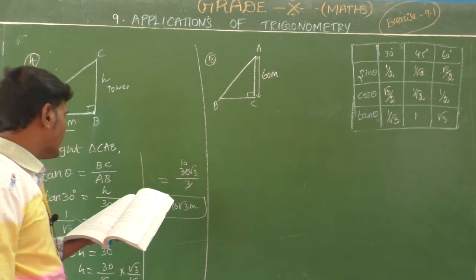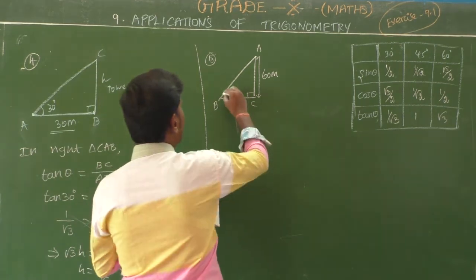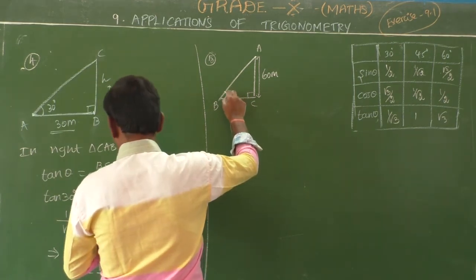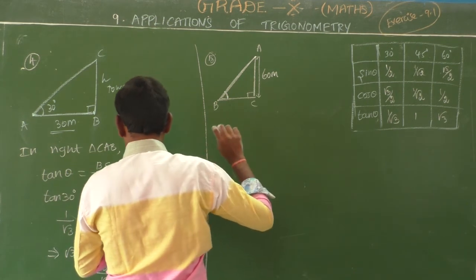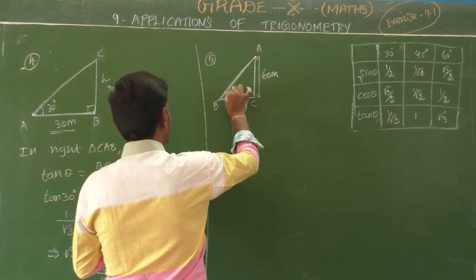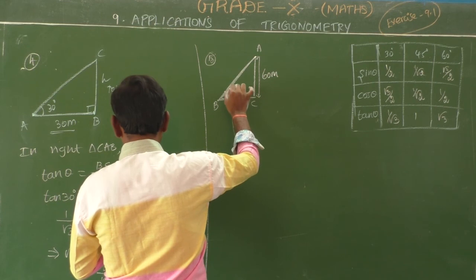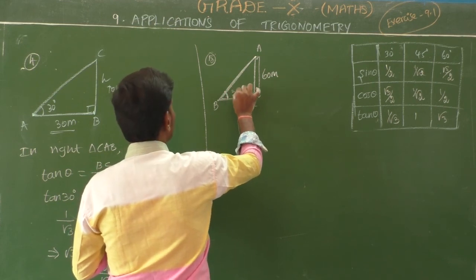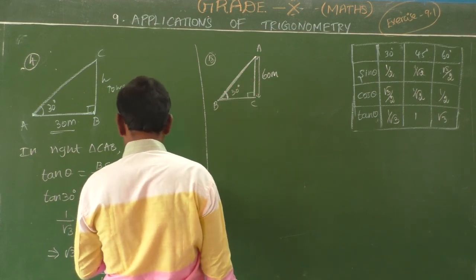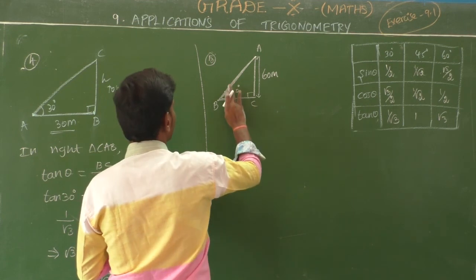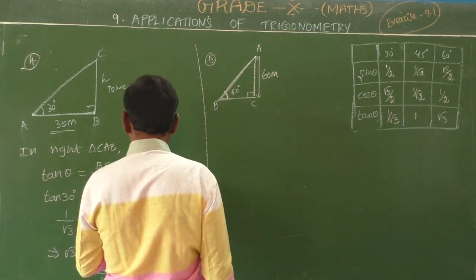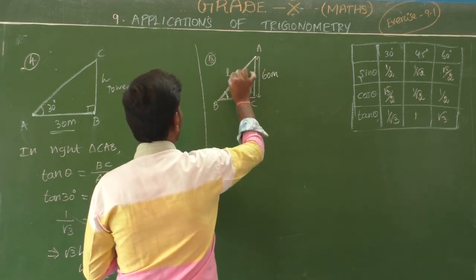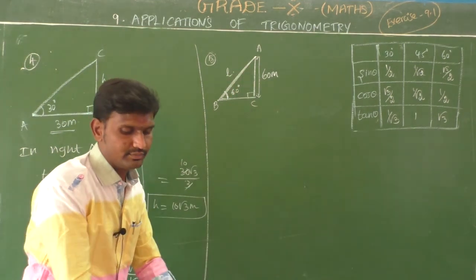The string is attached to the kite like this, temporarily tied at one point on the ground. So the inclination of the string to the ground is 60 degree. Now find the length of the string. Length of the string means this only we are going to find.